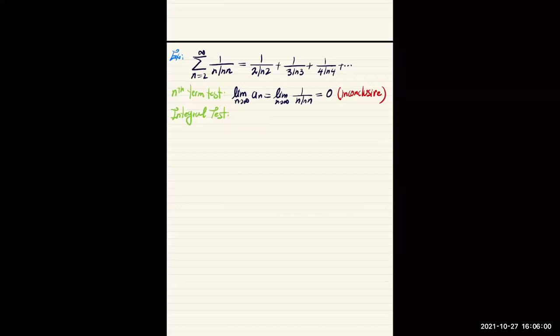Now for the integral test, I must check the 3 requirements. f has to be positive, continuous, and decreasing. So here we're going to let f of x equal 1 over x ln x, on the interval x greater than or equal to 2, because here n begins at 2.